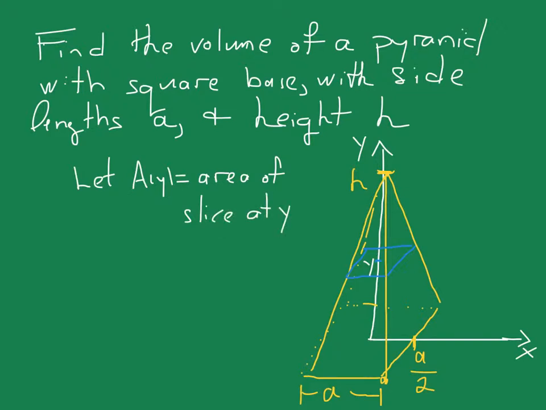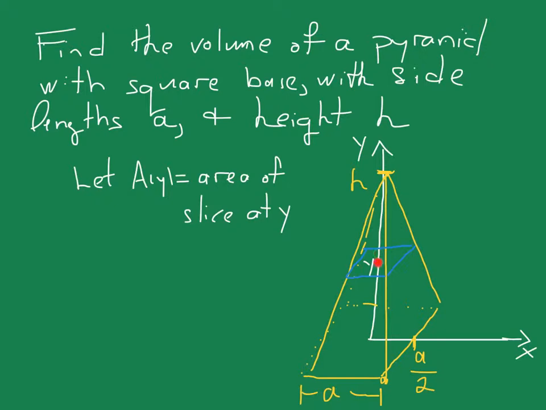And the reason that it makes sense for us to use these horizontal slices at y is because we're going to have to find a formula for A(y), and because our pyramid has a square base, each of these slices at y, these horizontal slices at y, are also going to be square.